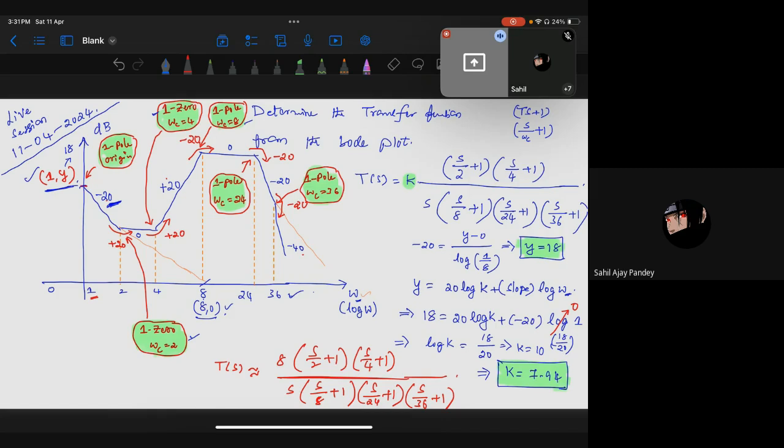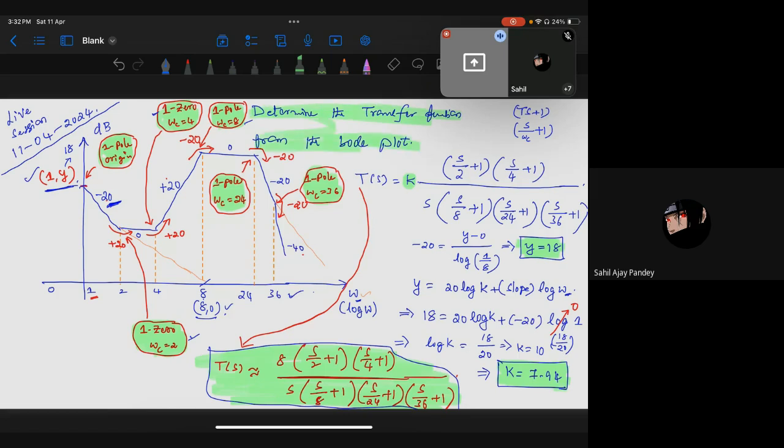Same equation as what we have here. So this is my final equation. That is how, given the Bode plot, you can find the transfer function.